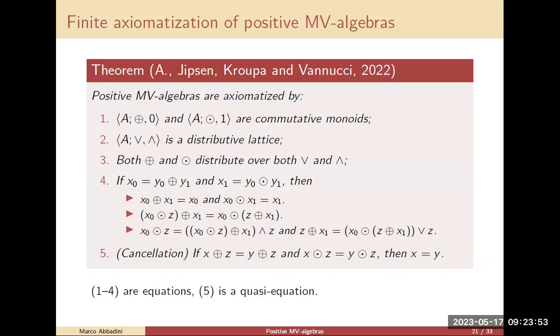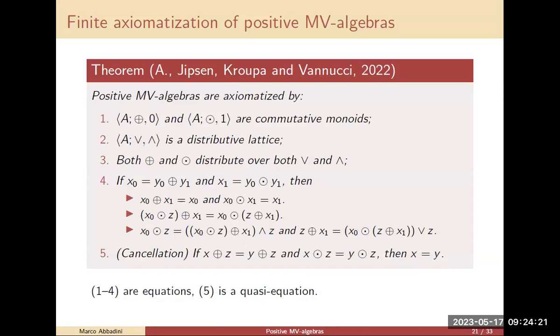Then we have some more complicated axioms. I'm not going to talk about them. And then we have a sort of cancellation property, which recalls the cancellation property of monoids. But here it's expressed as x plus z equals y plus z, and x times z equals y times z implies x equals y.